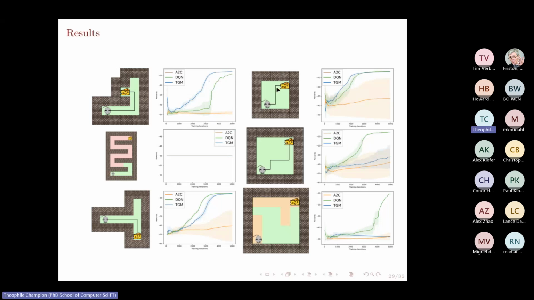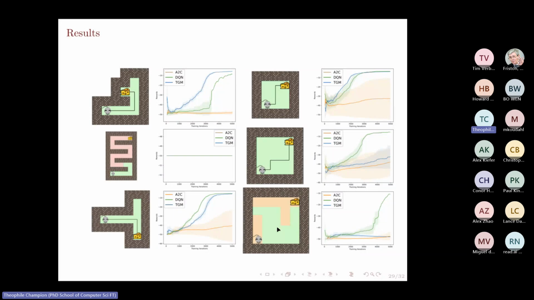Now, as the maze becomes bigger, then our approach starts to struggle, and we will come back to why that is shortly. DQN still manages to solve the maze. And the final example is this maze. Once again, we are able to solve the maze, just slightly slower than DQN.